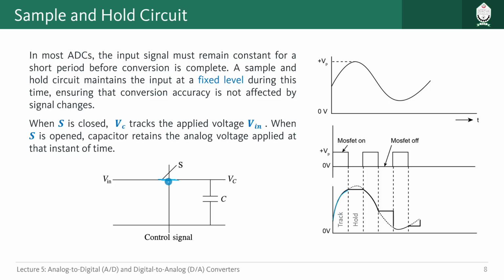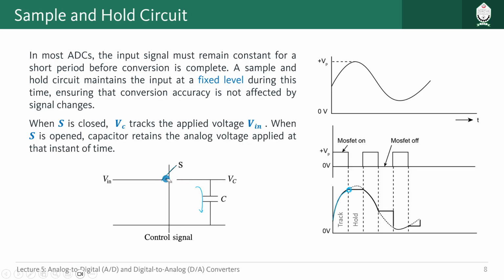Then maybe we can open this switch, and then whatever signal we have stored through this capacitor is kept. Because when the switch was closed we were getting the output VC, but at the same time this capacitor was getting charged, and whatever voltage it was holding should be kept here whenever we open this switch, right?